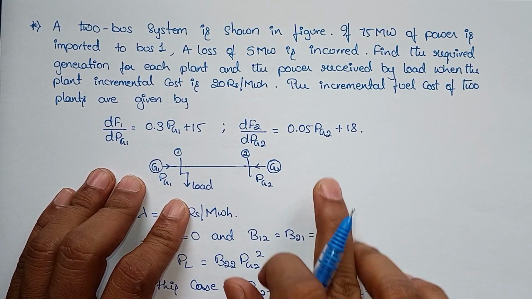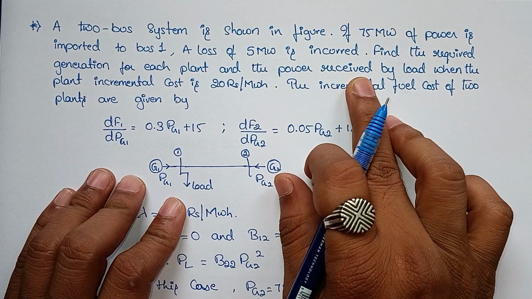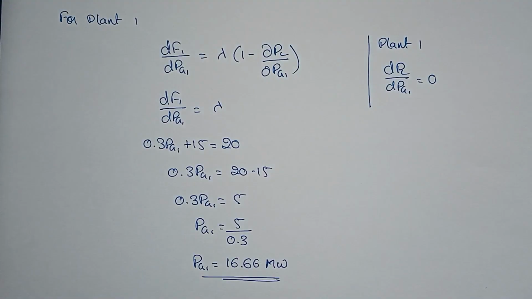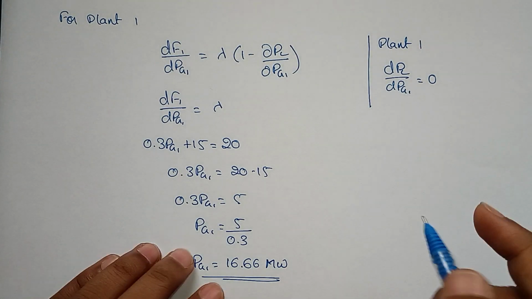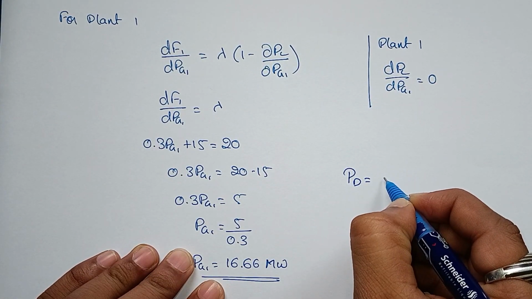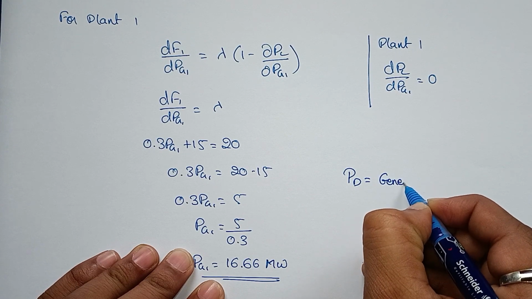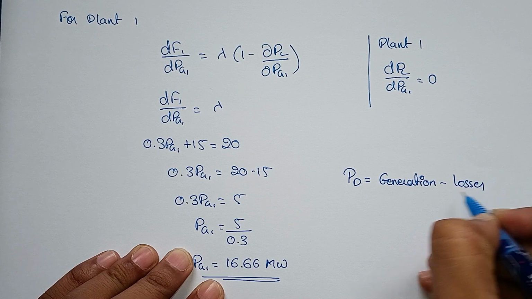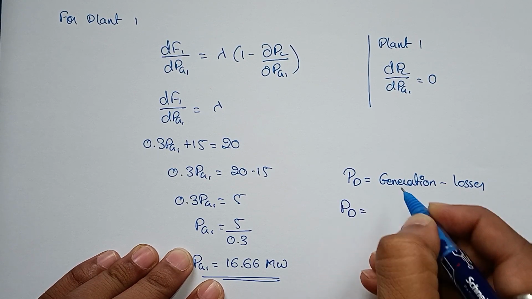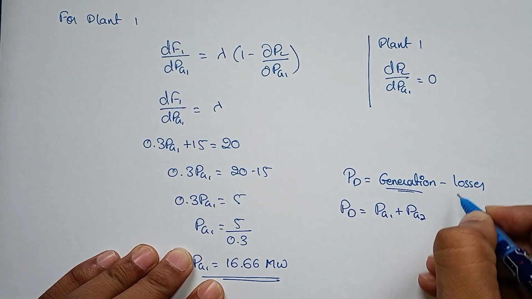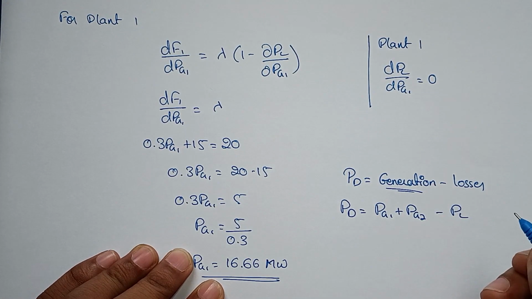Now we have calculated those, and we need to find the power received by the load, that's PD. To calculate PD, the formula is PD is equal to generation minus losses, and generation is PG1 plus PG2 and losses is PL.